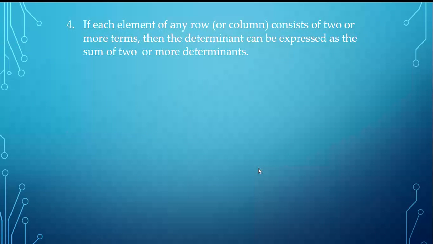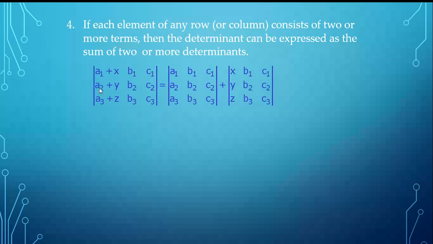The next property is that if each element of any row or column consists of two or more terms, then the determinant can be expressed as the sum of two or more determinants. Suppose column c1 is a1 plus x, a2 plus y, a3 plus z, and the other columns are b1, b2, b3 and c1, c2, c3.